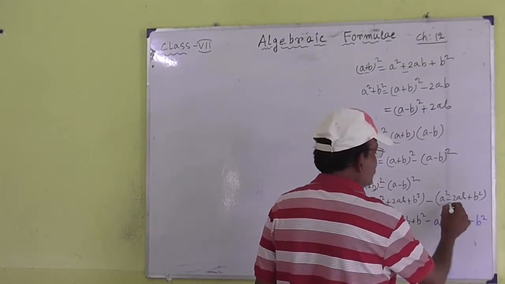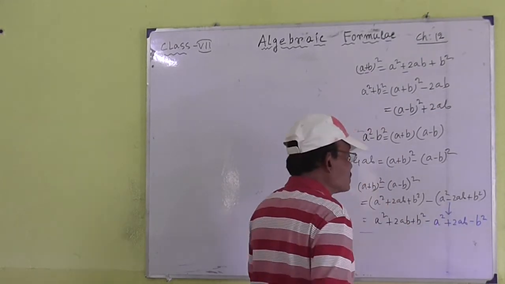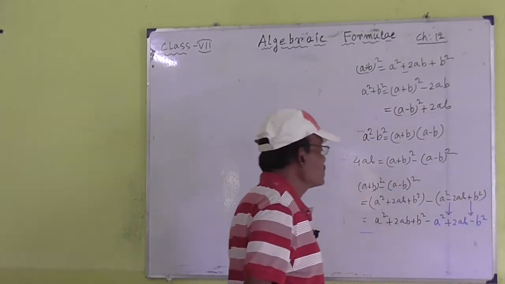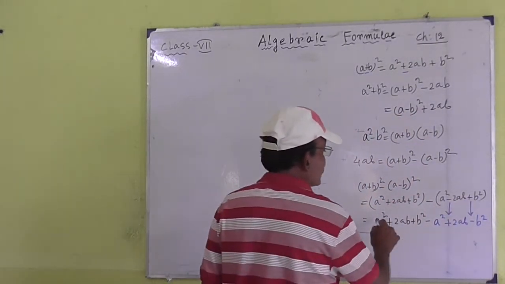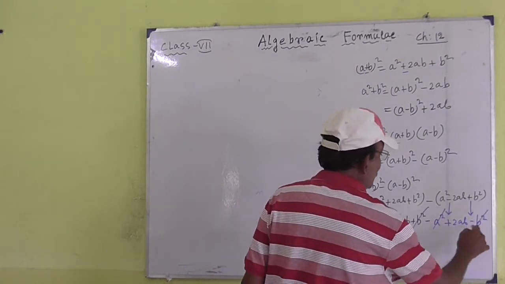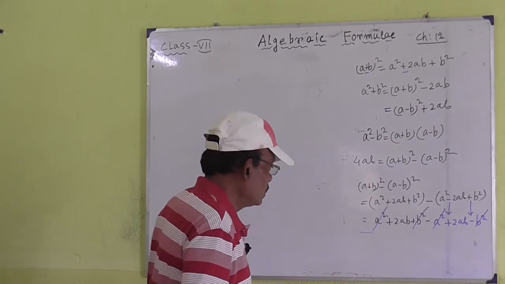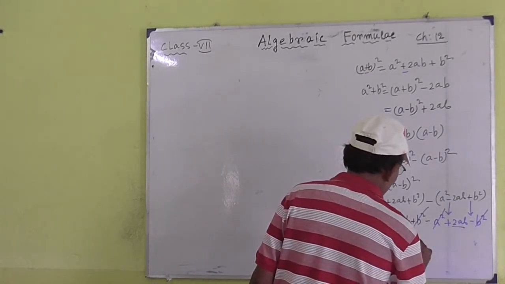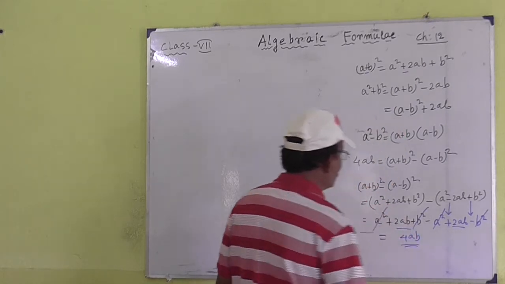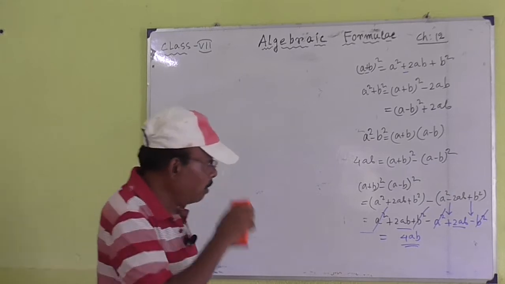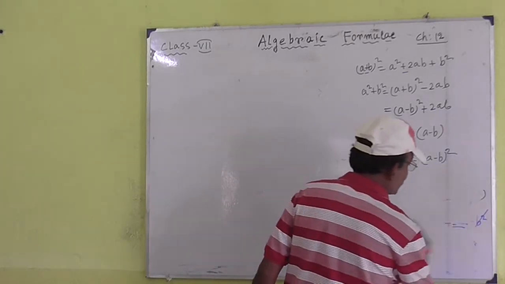Okay. That means minus sign will be plus sign and plus sign will be minus sign. Now, if we cancel a square and minus a square, b square and minus b square, 2ab and 2ab, we get 4ab. So, 4ab equals a plus b whole square minus a minus b whole square.